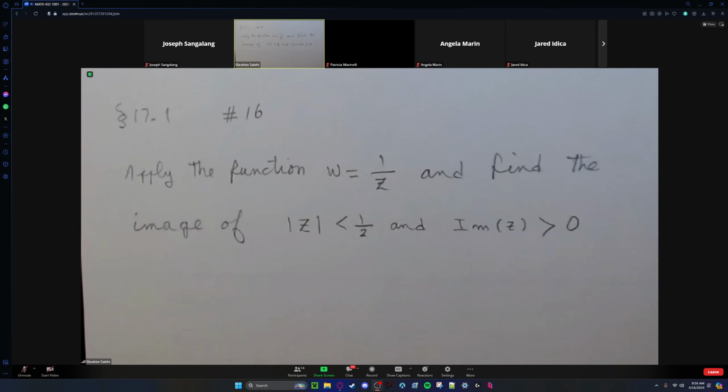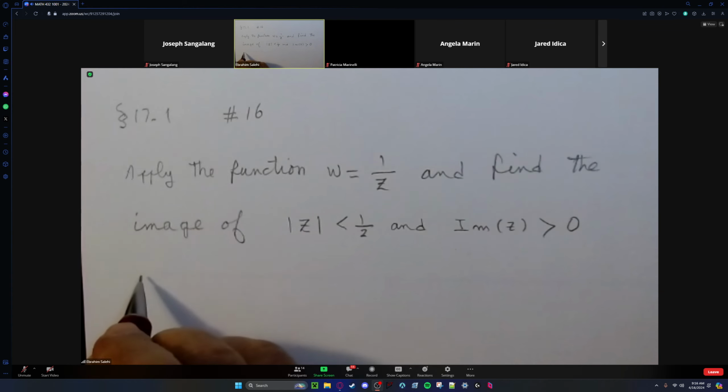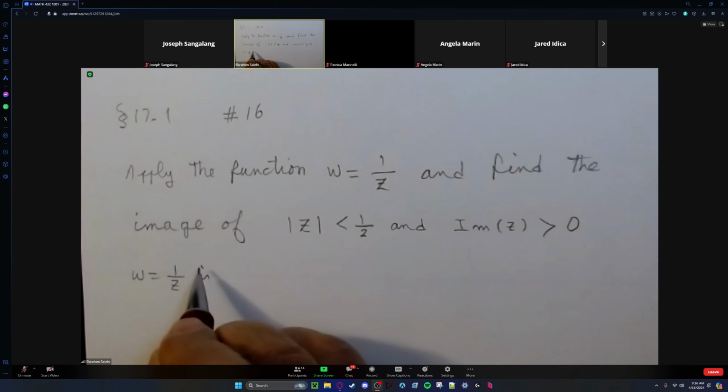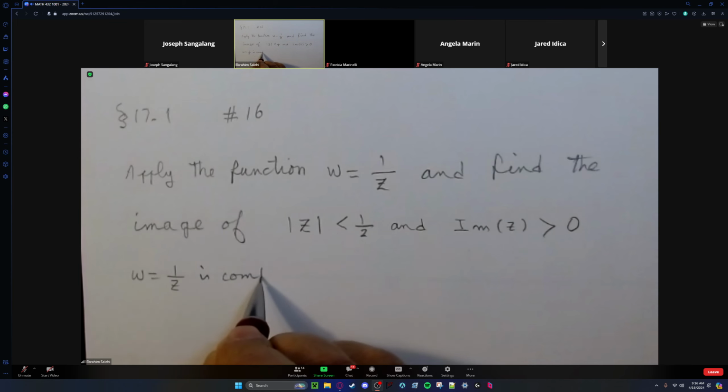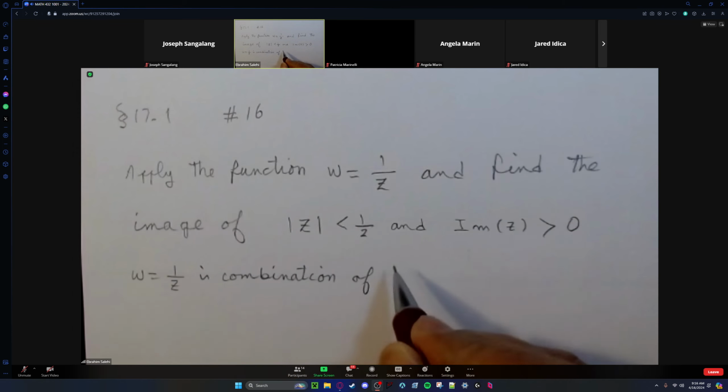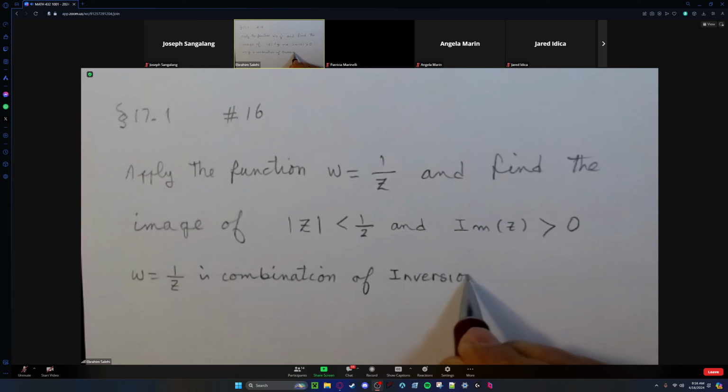You need to know that 1 over z is a combination of inversion and conjugation.